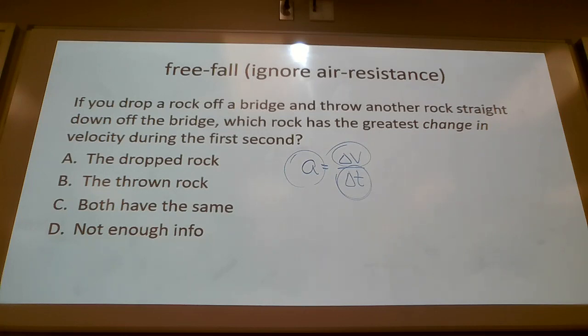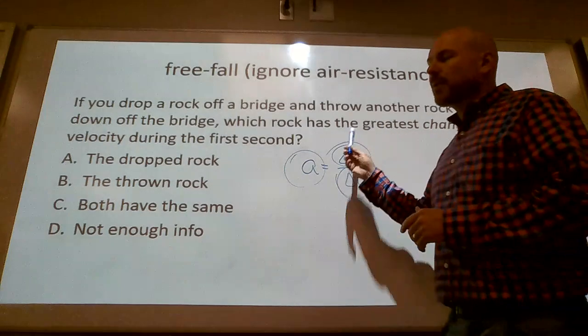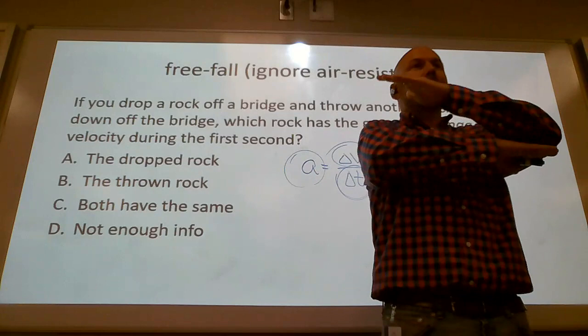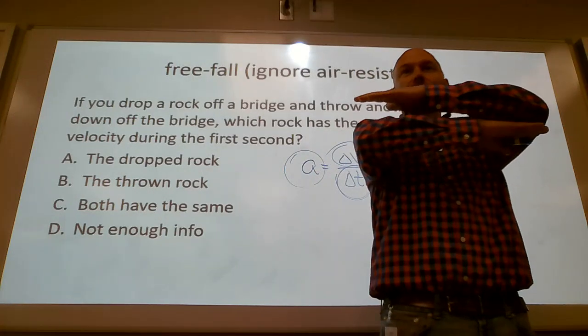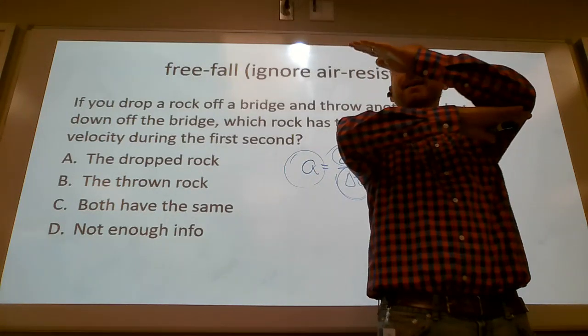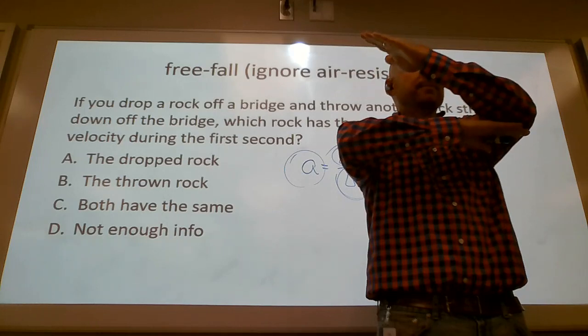So make sure you've got something to back up your case. Here's what I mean by this, conceptually. The dropped rock in that first second goes from 0 meters a second to 10 meters a second in 1 Mississippi.